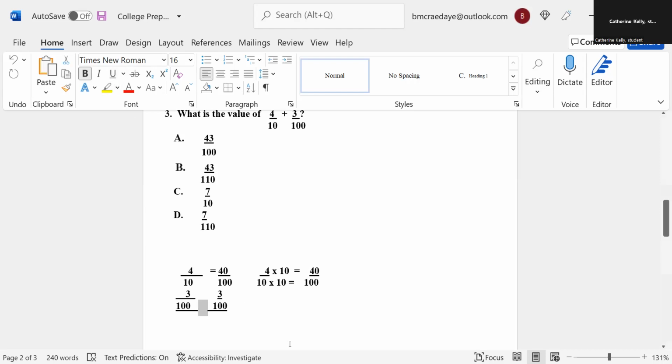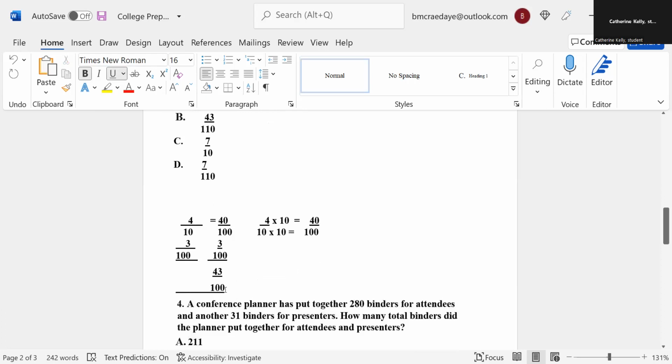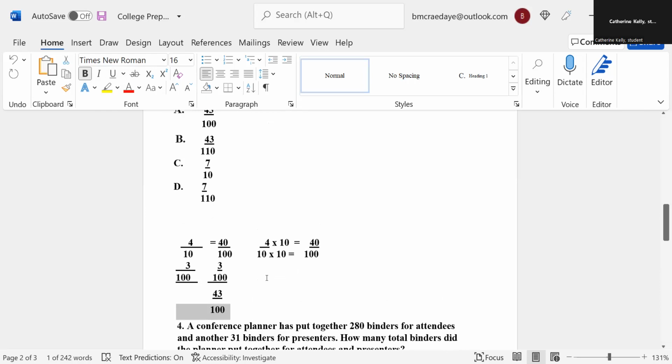That is letter A. Remember, you can add those numerators when your denominators are the same. You cannot add those numerators unless the denominators are the same. So your answer is 43 over 100, and that's answer A.